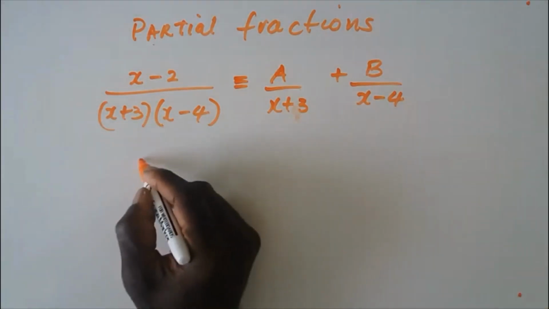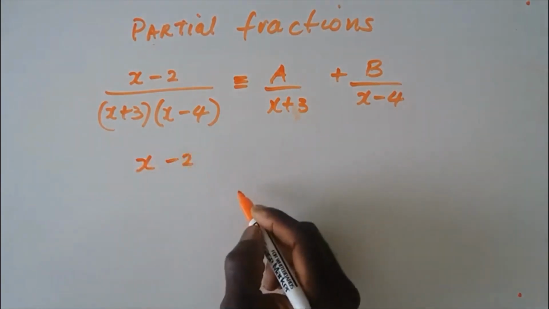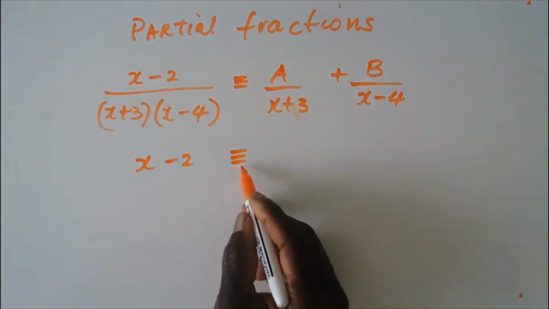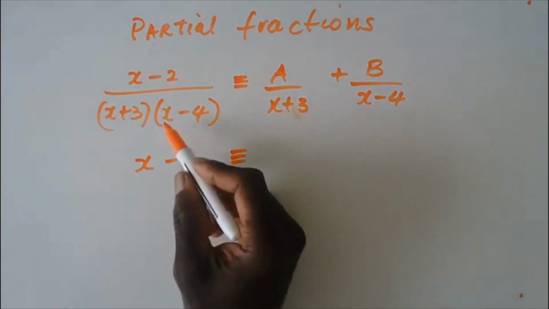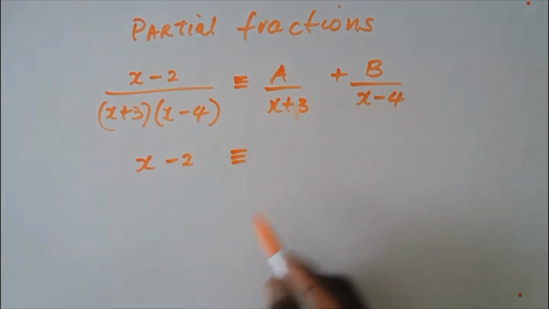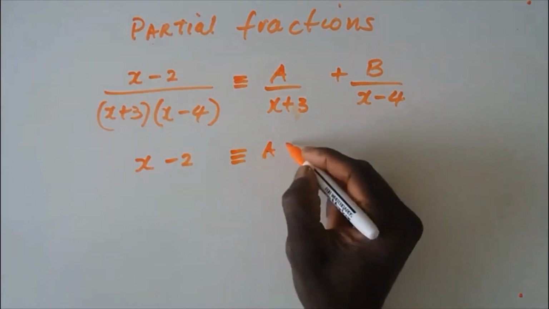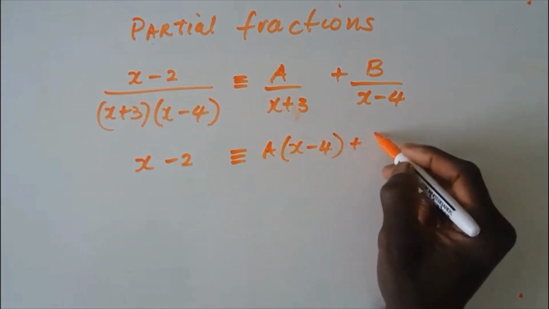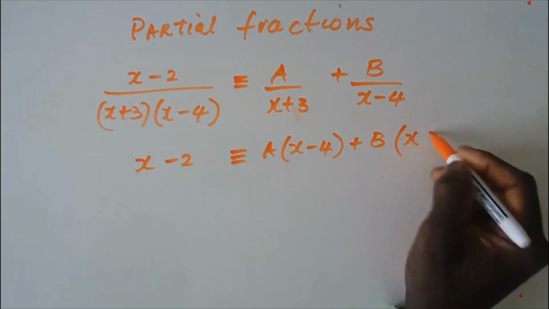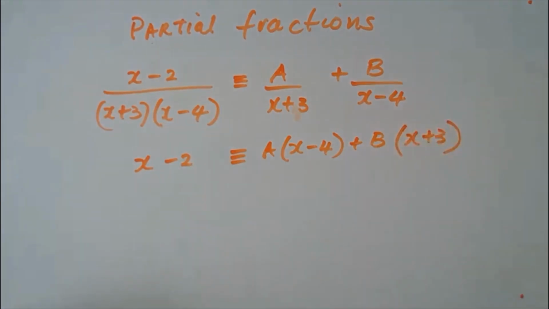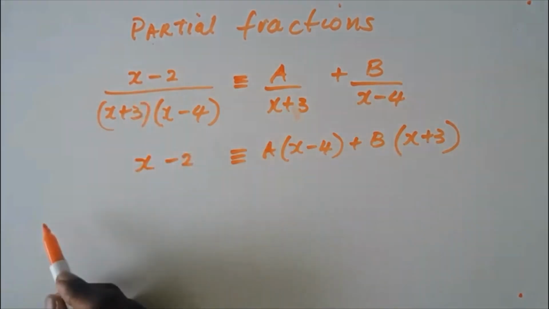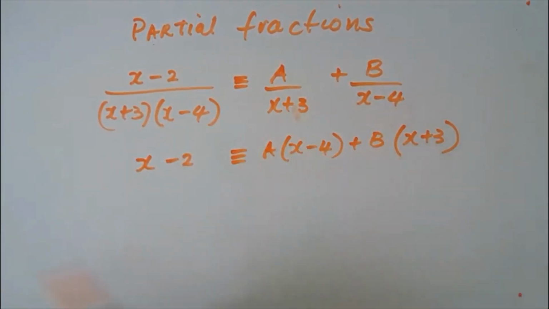Now our numerator is equivalent, and this explains that this is an identity, meaning whatever's on the left can be replaced by what's on the right and vice versa. Now all we've done is equate this numerator to the combined numerator here on the right.